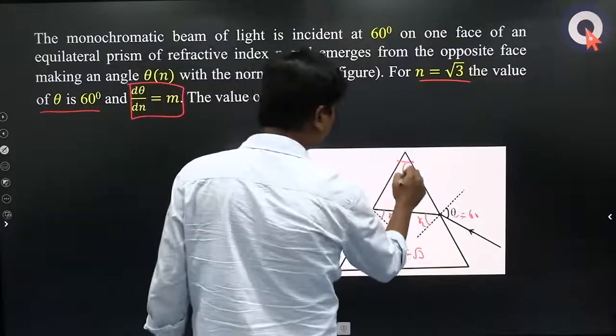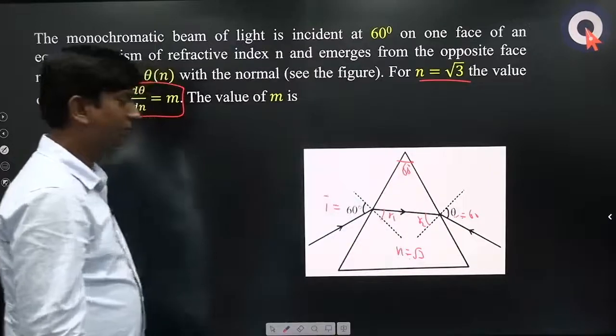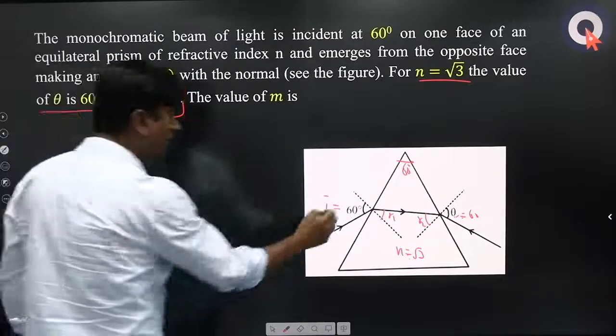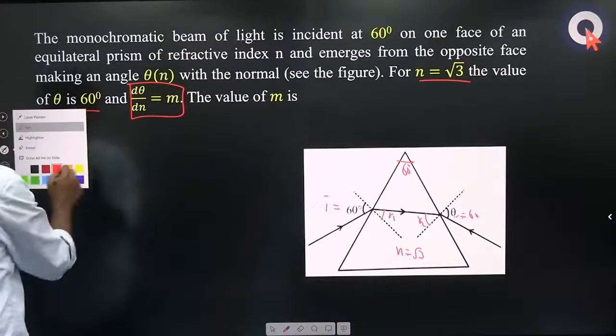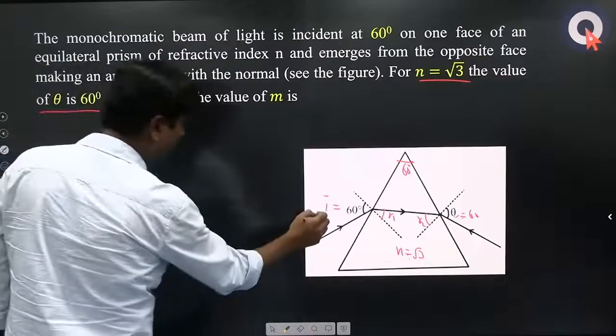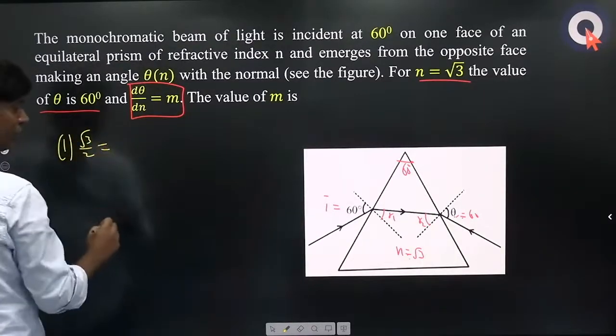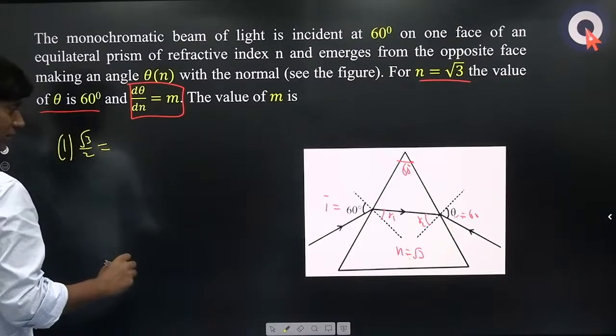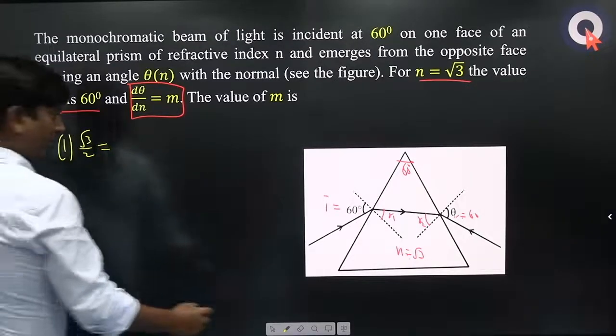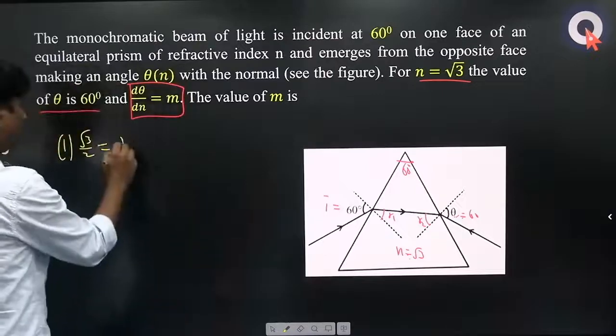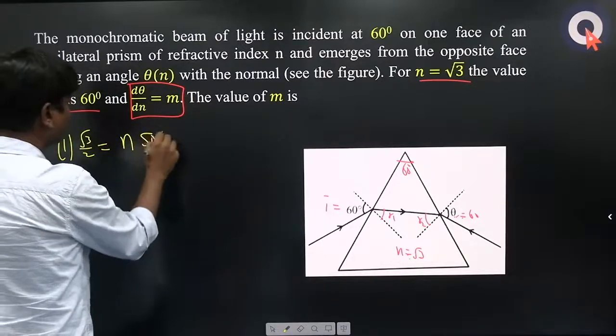So R1 plus R2 is 60 degrees here, right? First you apply Snell's law at this particular face, where this is air. So 1 into sine 60, root 3 by 2, is equal to n into sine of R1.